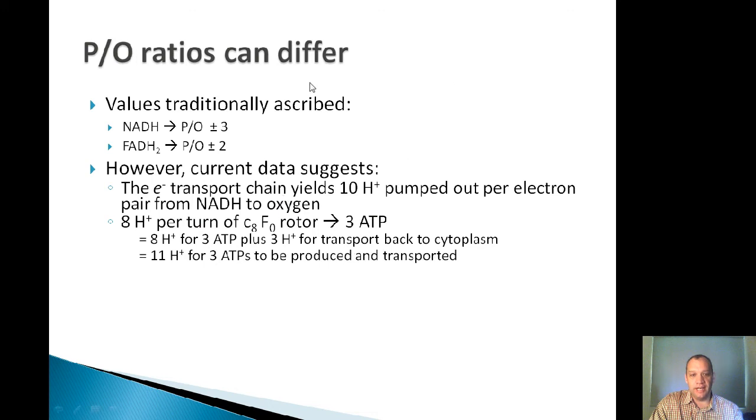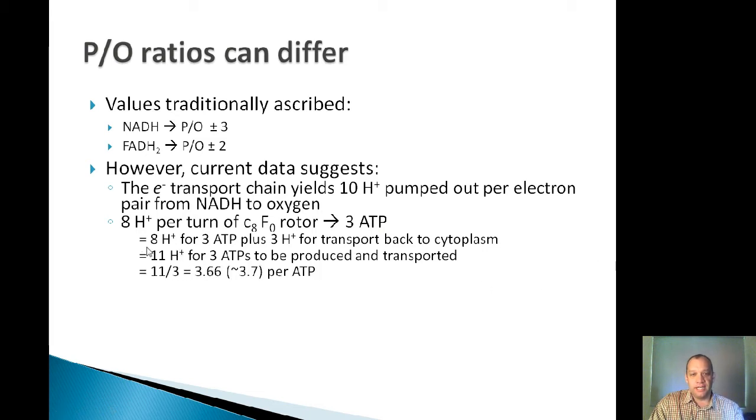So we need 11 protons to flow back in. That is the cost for an organism with an ATP synthase with a C8 rotor: 11 protons to produce 3 ATPs plus transport them outside of the mitochondria.